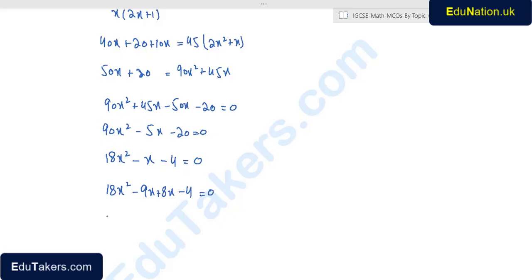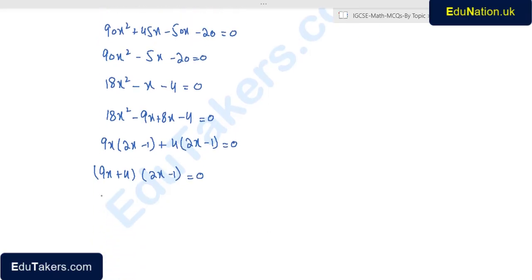Taking 9x as common, this will be 2x minus 1, plus taking 4 as common, this will be 2x minus 1 equals 0. Now (9x plus 4) into (2x minus 1) equals 0. Now either 9x plus 4 equals 0 or 2x minus 1 equals 0.